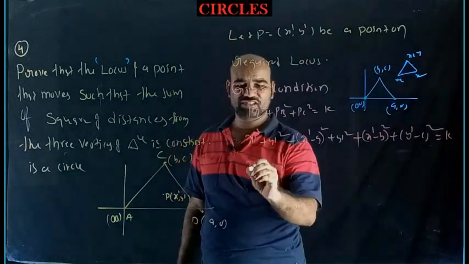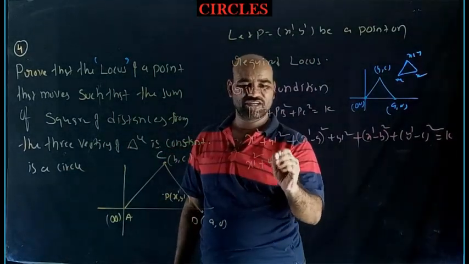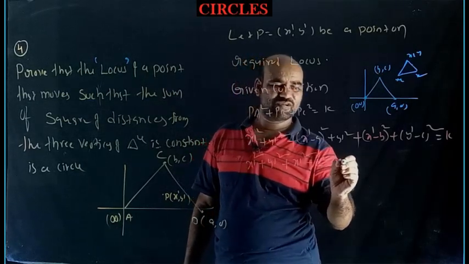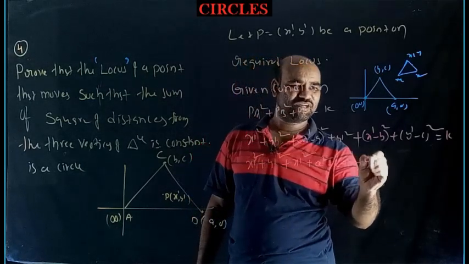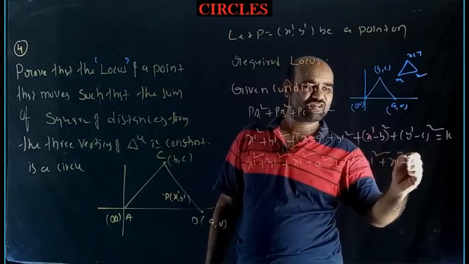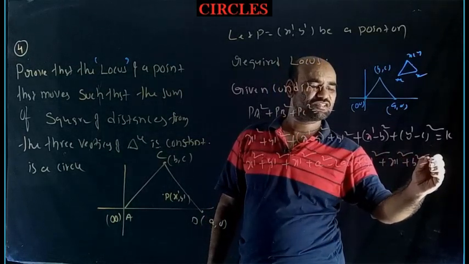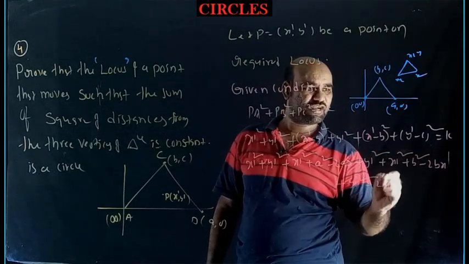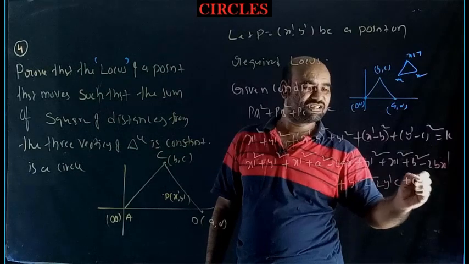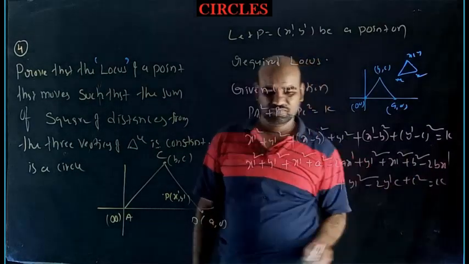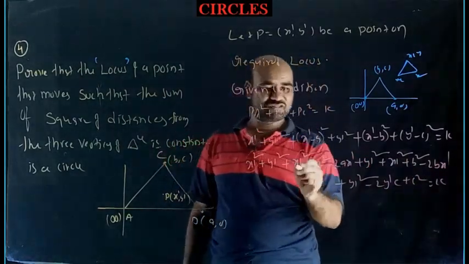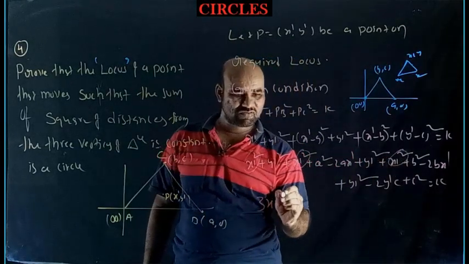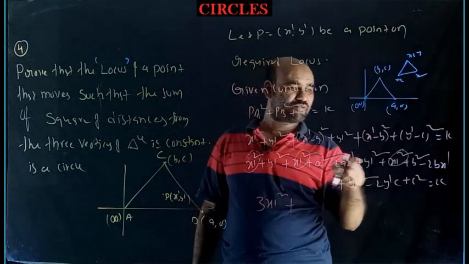Now I want to simplify this. x dash square plus y dash square plus x dash square plus a square minus 2a x dash plus y dash square plus x dash square plus b square minus 2b x dash plus y dash square minus 2 y dash c plus c square equal to k. So x dash square three times, 3 x dash square, plus y dash square three times, 3 y dash square.